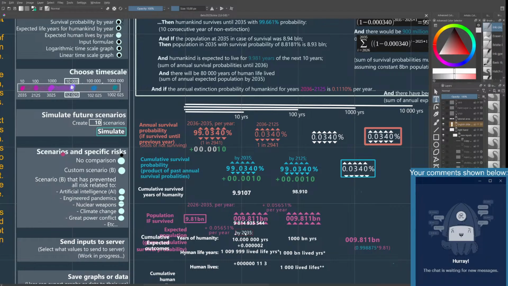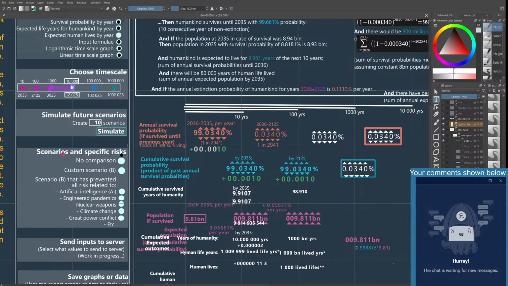Let's see, I would need to have this. Yeah, what's nice about having this kind of time scale thing is that it's intuitively easier to understand how many years we are missing here.